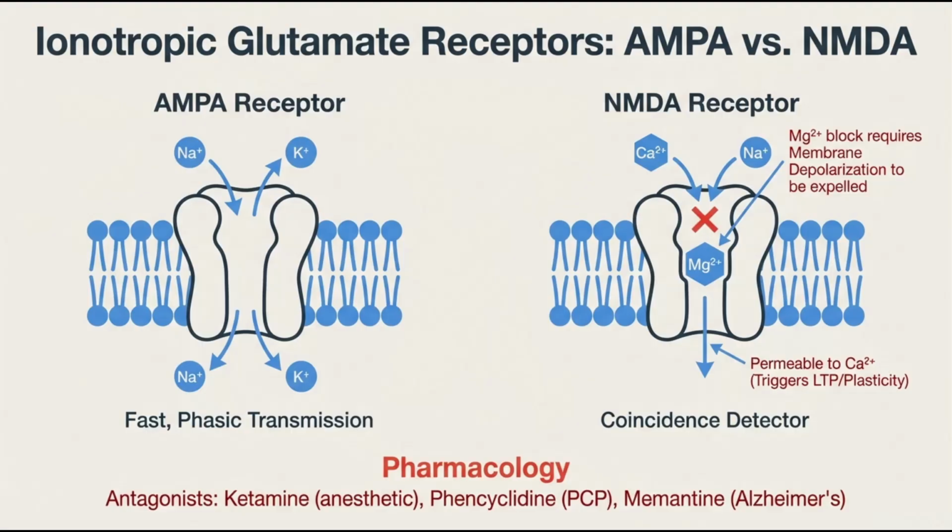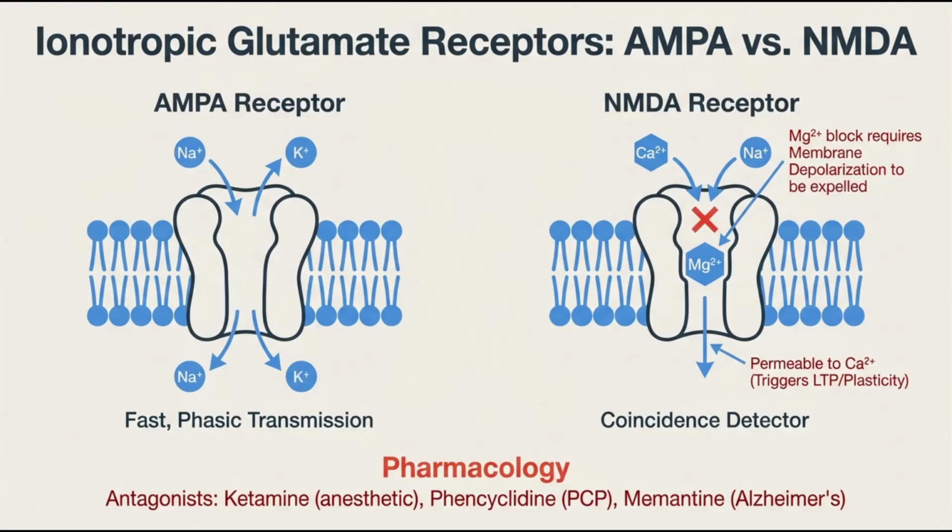So how do you get rid of the bouncer? This is the genius of it. You need two things to happen at the exact same time, a coincidence. First, you need glutamate to bind. That's the chemical signal. Second, you need the membrane to already be depolarized, usually because a whole bunch of nearby AMPA receptors have been firing away repeatedly. So the cell has to be excited already. Yes. When the membrane depolarizes, the inside of the cell becomes less negative, more positive, and that positive charge electrically repels the positively charged magnesium ion.